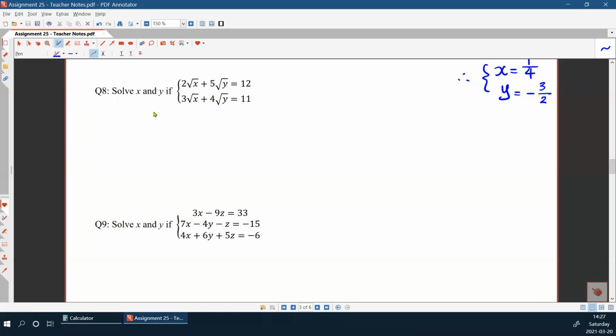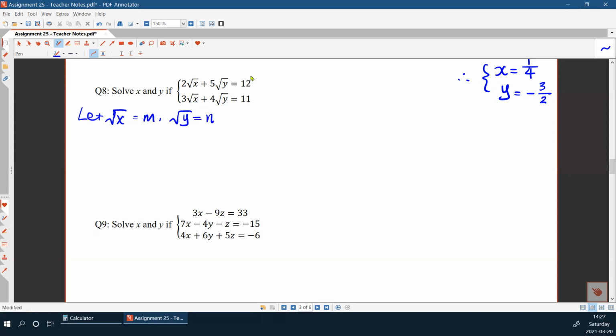Strictly speaking, this is not a system of linear equations, right? Because we have radical signs here. But note, if we use substitution method, we can let square root x equals m and square root of y equals n.